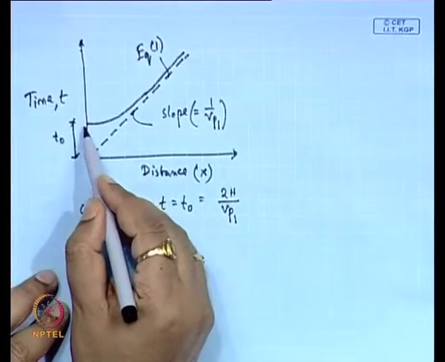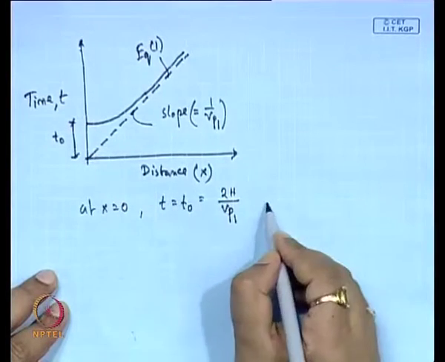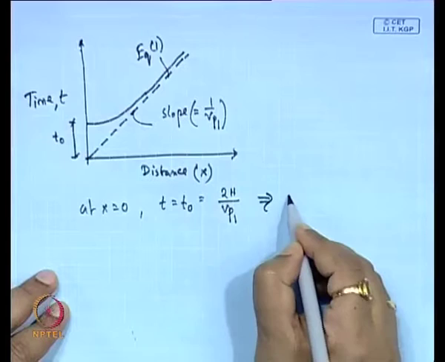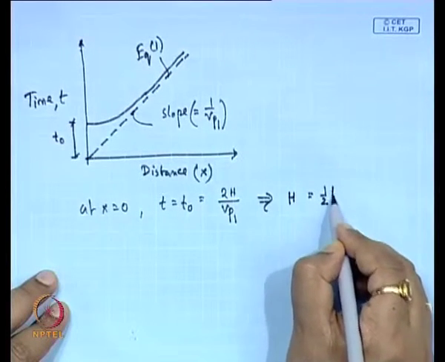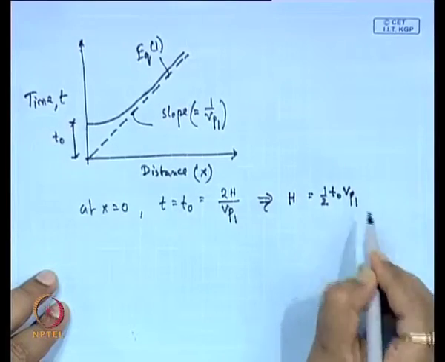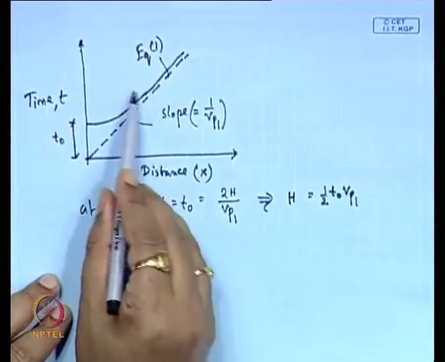So, now from this expression, if I know this t 0, we can write h is equal to half t 0 V p 1.